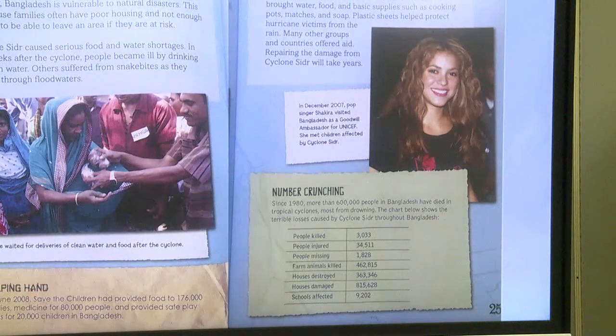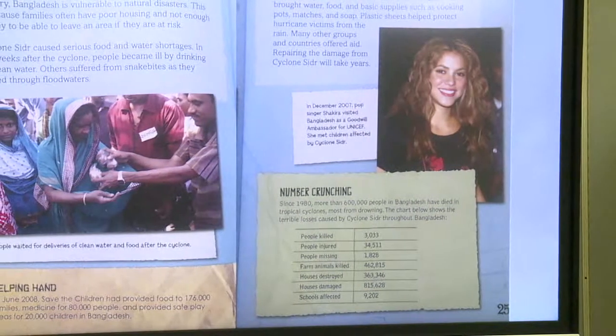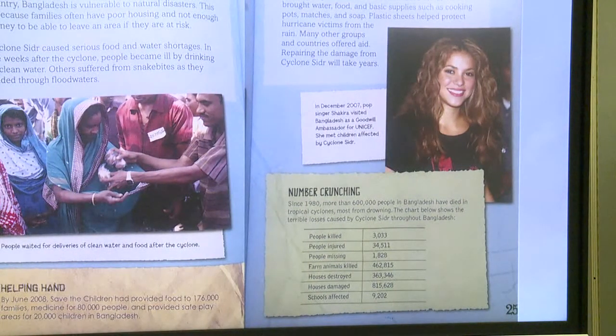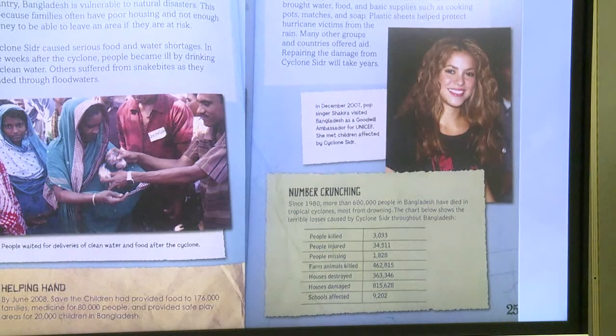It says since 1980, more than 600,000 people in Bangladesh have died in tropical cyclones, most from drowning. The chart below shows the terrible losses caused by Cyclone Sitter throughout Bangladesh. So I want us to see, how can we use this chart?